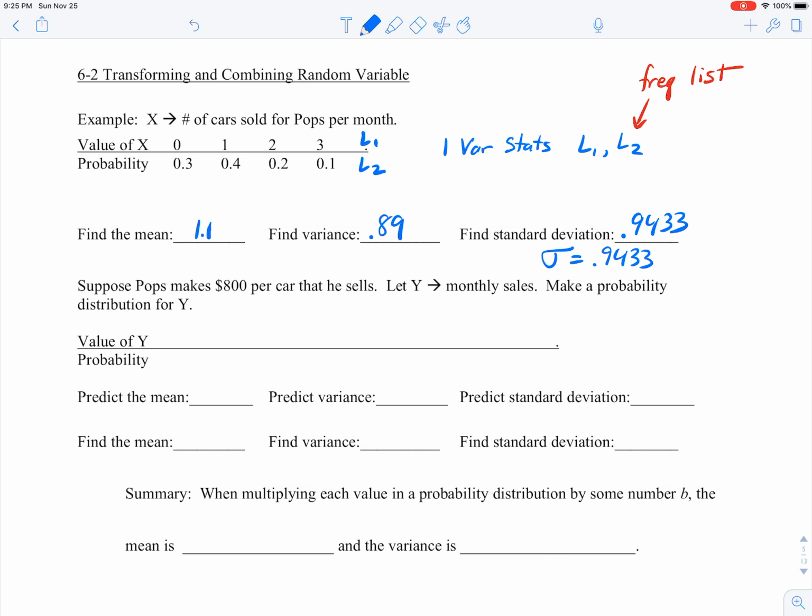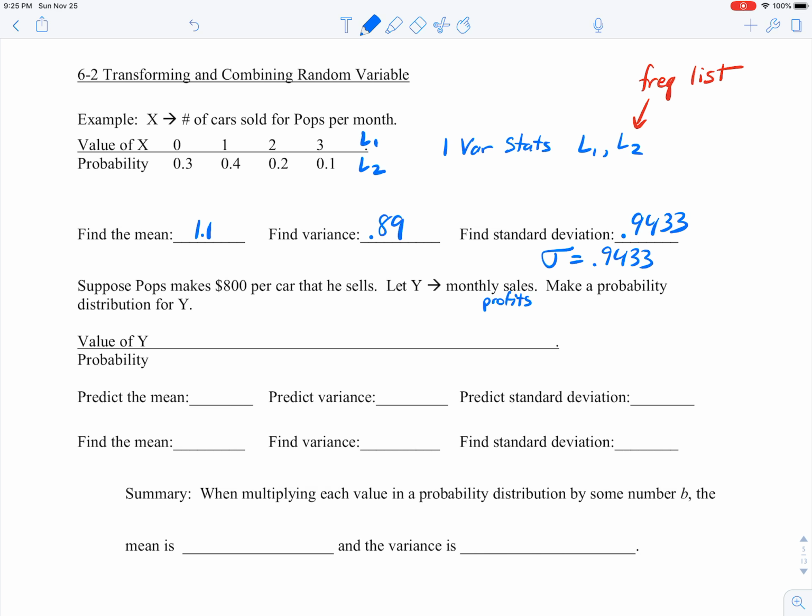Suppose, however, that we want to calculate his monthly sales profits. Okay, so he makes $800 per car.